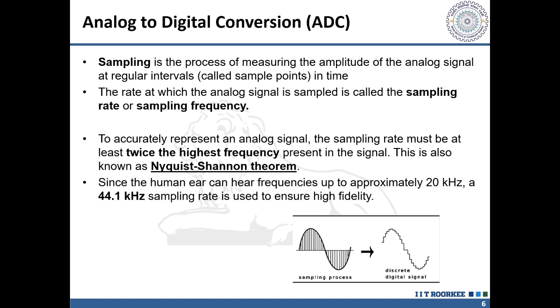The highest frequency we are going to represent as omega m, and the sampling rate as omega s. This is the Nyquist-Shannon theorem, and since I've already told you that humans can hear up to 20 kilohertz, the sampling rate commonly used is 44.1 kilohertz to ensure high fidelity.